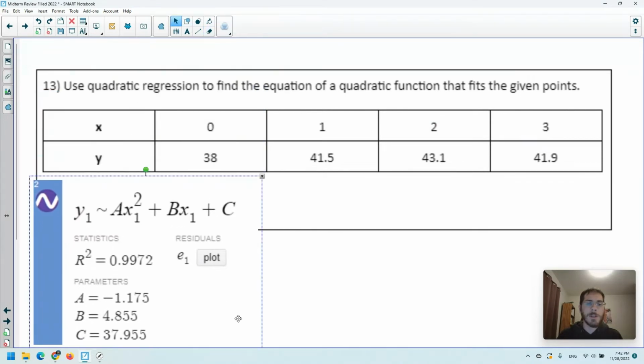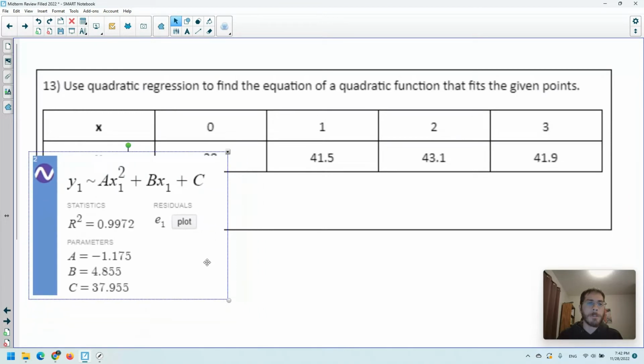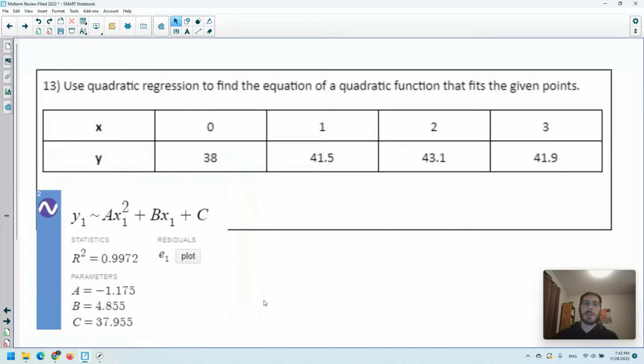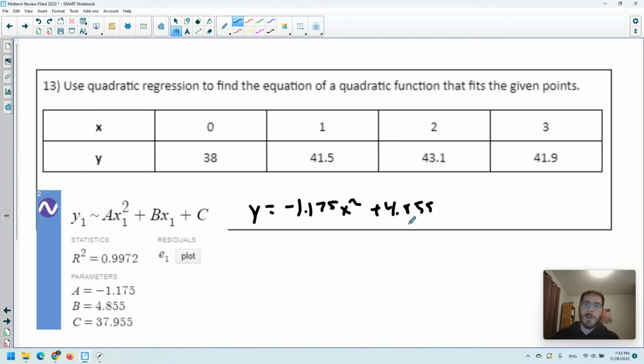And once we know what a, b, and c are, then we can write the whole equation. So the equation ends up being y equals negative 1.175 x squared, because that's a, plus 4.855, because that's b. This gets an x, and then c is 37.955.